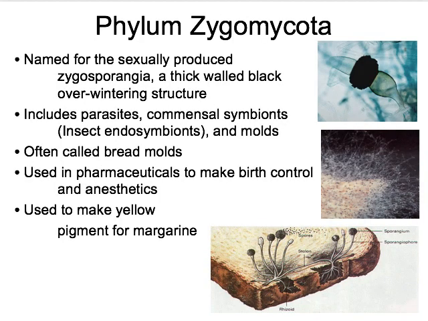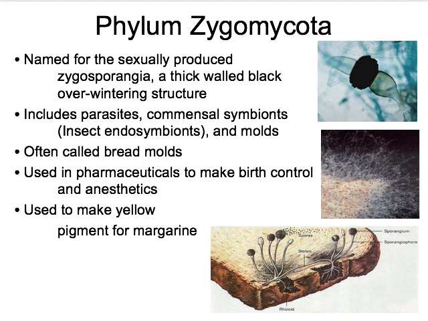Our next phylum is the Zygomycota, and this is named for the sexually produced zygosporangia, which is a thick-walled black overwintering structure. Members of this phylum include parasites, commensal symbionts, and molds. We often refer to members of the Zygomycota as the bread molds, but they are more diverse than that.